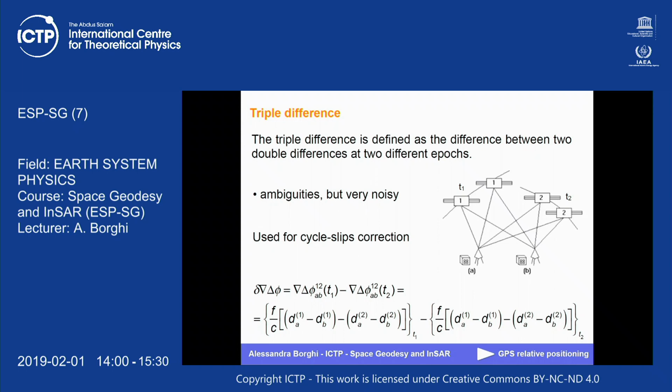And after, when you have decided the baselines that you want to process, you can start to use triple differences to correct cycle slips. When all the cycle slips, or most of them, are fixed, you can start to use double differences again to have the estimation of the coordinates.